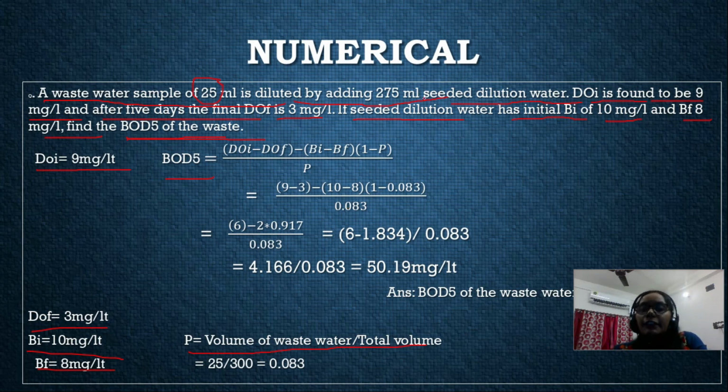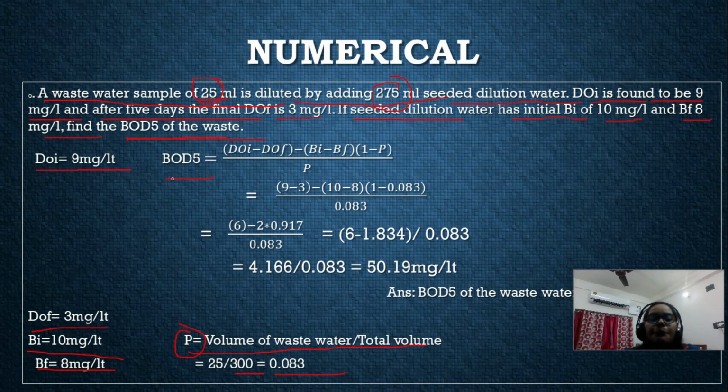That means 25 plus 275, that is 300. So the P value is 25 divided by 300, that is 0.083. For the P value we don't have any unit, because this is a ratio of two volumes: 25 ml divided by 300 ml, the ml is nullified, and that is why we don't get any unit for the P value.